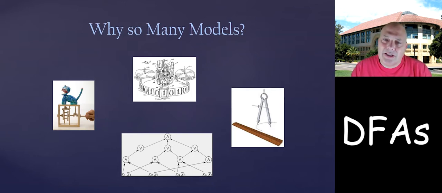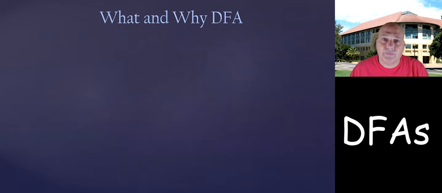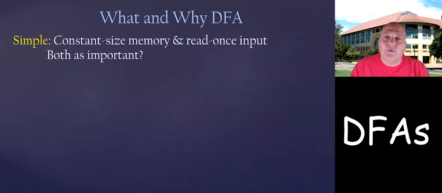The reason is that different models can help us understand different aspects of computation. Specifically, DFAs will tell us what happens when the memory of your computation is very, very limited. So DFAs are characterized by being constant size memory.